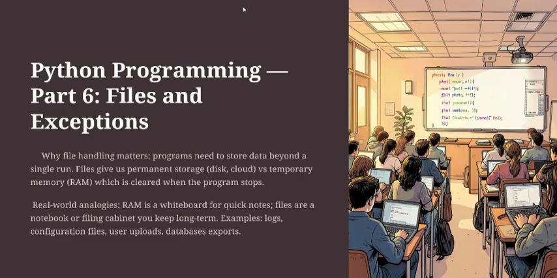For example, websites store user information, applications store configuration settings, banking systems store transaction records, software stores error logs, student databases store academic records. Okay, so file handling is a very important skill for every programmer.